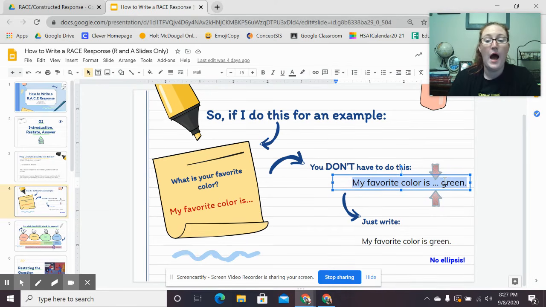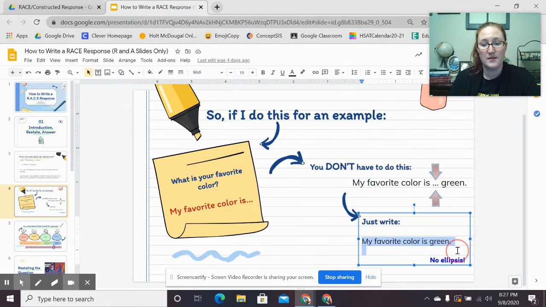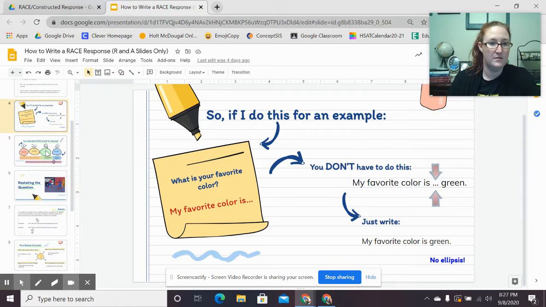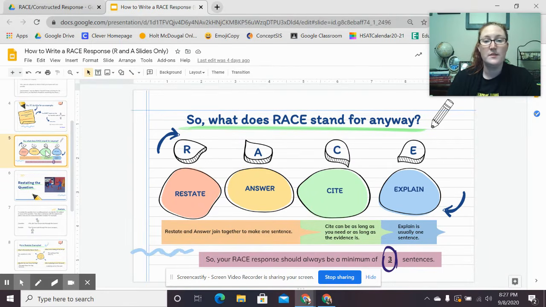Don't do that. I only put that ellipsis there to show you to put something there, but you don't have to continue it. You can just write this sentence: my favorite color is green, with no ellipsis.